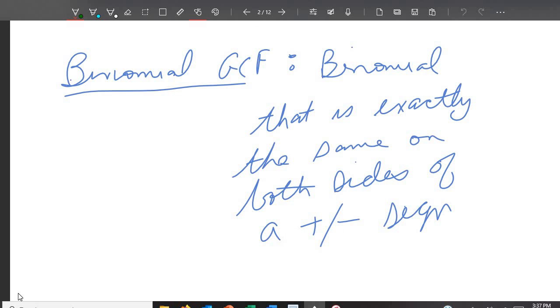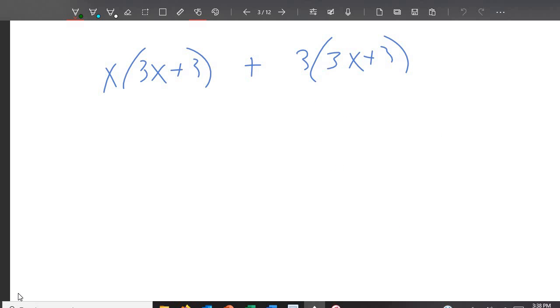A binomial GCF is a binomial that is exactly the same on both sides of a plus or minus sign. I'll show you what I'm talking about. We're going to have multiple terms. Here's an example. Here's my plus sign. On the left and the right side of the plus sign, we have 2 terms. We have this term and this term.